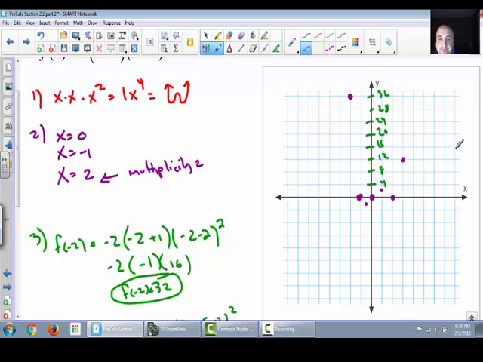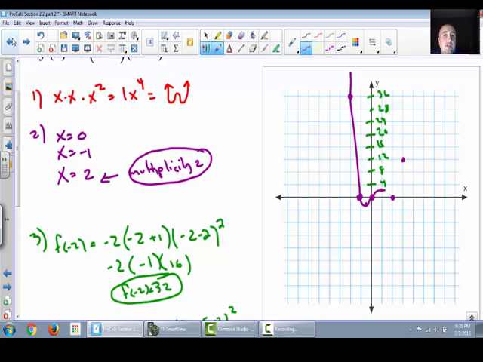Remember, our graph needs to look like this. We come up here, and notice we go down to this point. Now I'm going to come up to that point right here. Remember, this is a smooth curve. Here is where we have to pay attention to this multiplicity of 2.